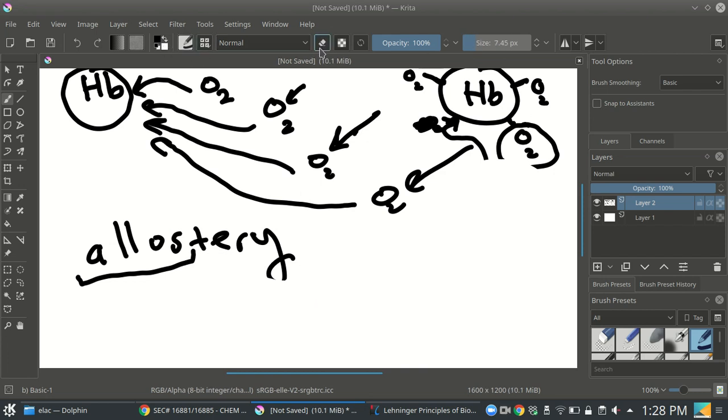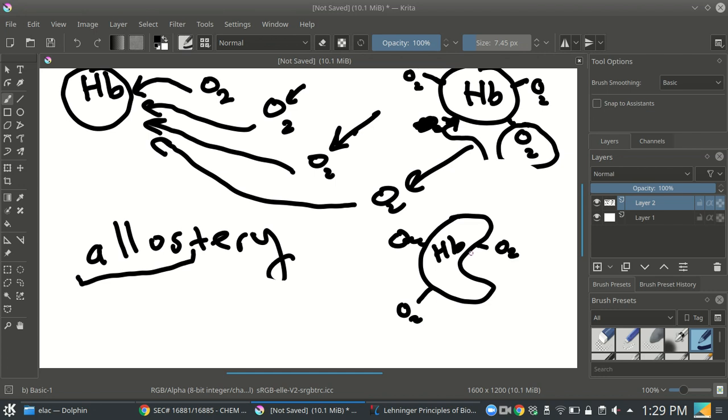All right. So if you have hemoglobin and you change the shape of the hemoglobin molecule because you do a chemical reaction with something else, that is allostery. You have changed the shape of the hemoglobin molecule, and now it doesn't bind to oxygen as well. So it may bind to, let's say, 2 oxygens instead of 4 oxygens.